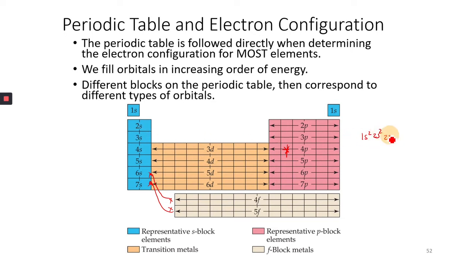Filling the 2p, and there's 6 of them. Then I'm filling the 3s, and there's 2 of them. Then the 3p, 6, 4s, 2, 3d, 10, 4p, 1, 2. You see how you could just use this periodic table to write the electron configuration? So it's very handy, as long as you remember how they are related to the row numbers.